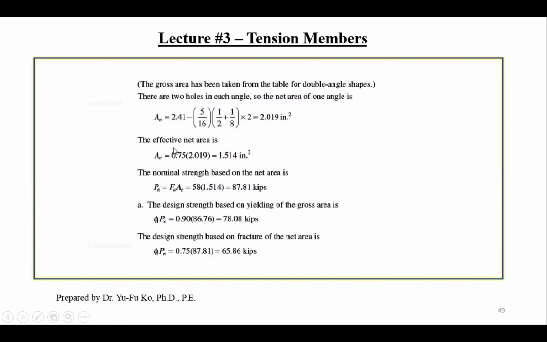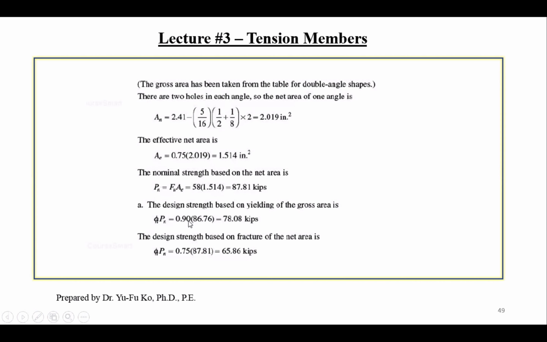So the effective net area, 0.75 times A net, you got 1.514. So the nominal strength based on fracture is 87.81 kips. The design strength based on yielding will be phi t times Pn.